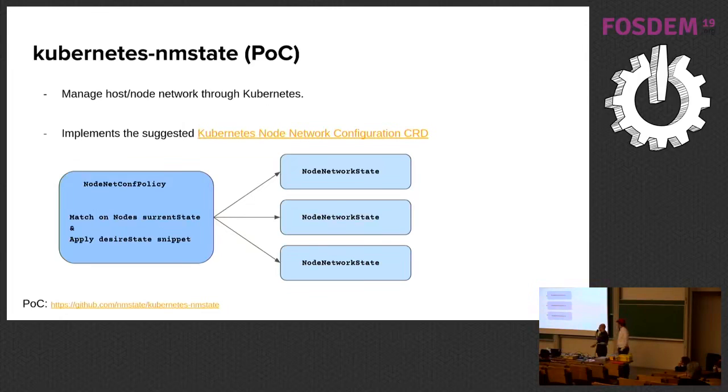So another use case, besides Ansible, which fits very well to NMState, at least in the declarative way, is Kubernetes. Does anyone know what Kubernetes is here? Oh, everyone. It's like the new thing. With Kubernetes, declarative is the main thing, so it fits this scenario.